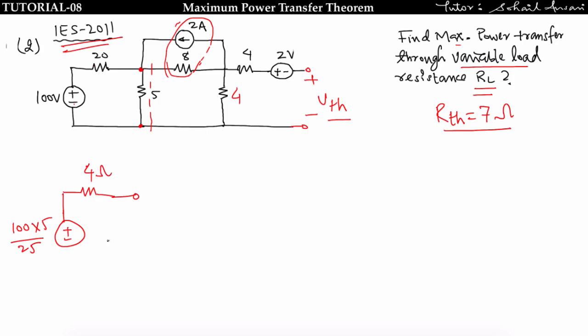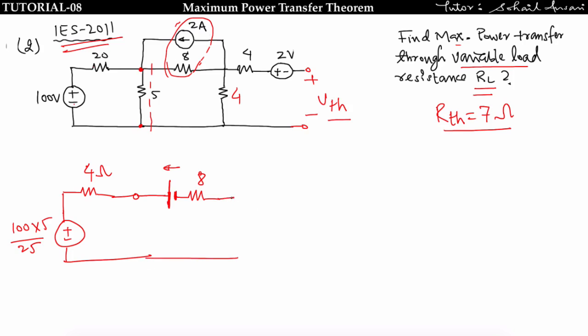Okay, after that, now transform this practical current source into a voltage source. Since the direction of current is like this, means current will always flow from positive to negative, so the voltage source polarity will be like this, in series with resistance 8 ohm.